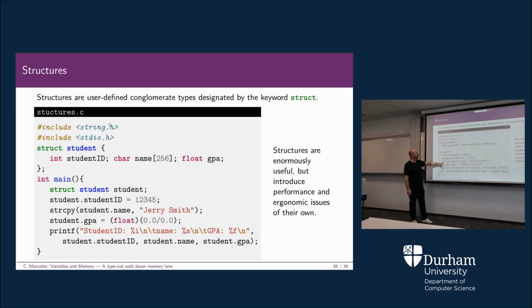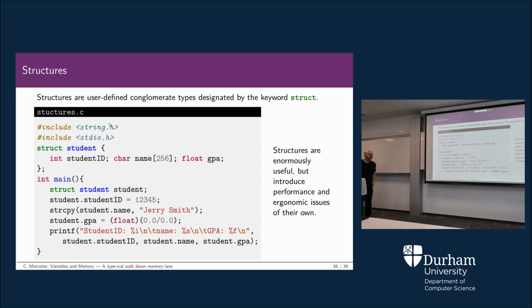We can use the string header in order to access string copy. So we copy Jerry Smith into student.name. We assign student.gpa to a floating point value of 0.0 divided by 0.0. This is also bad, don't do this. And then we just print information about the student. So this will just print the student ID, the student name, the student GPA.